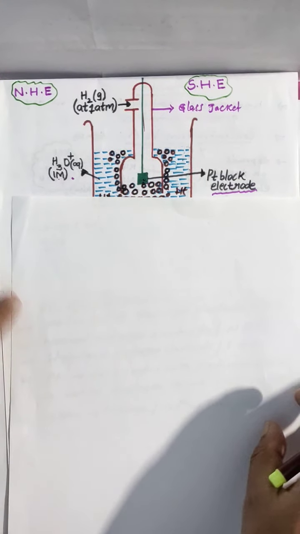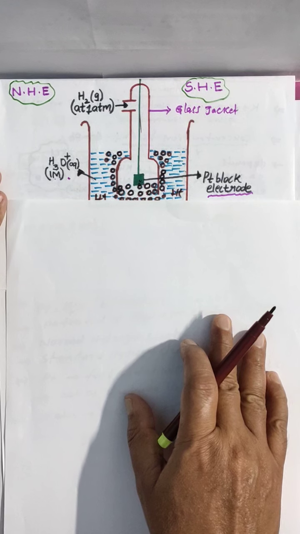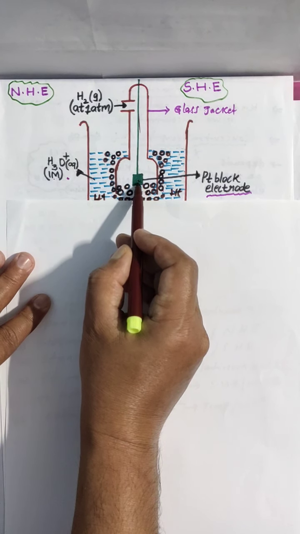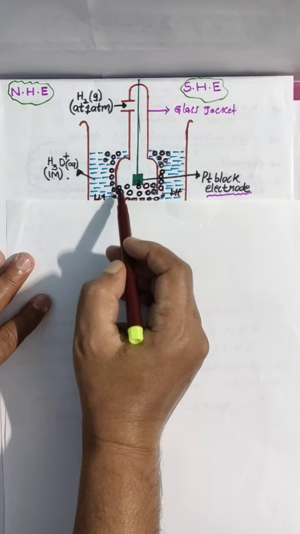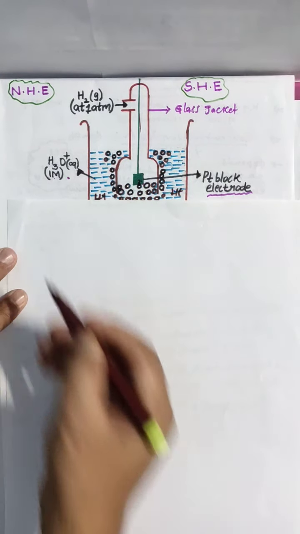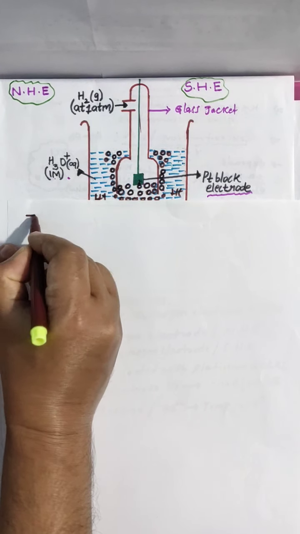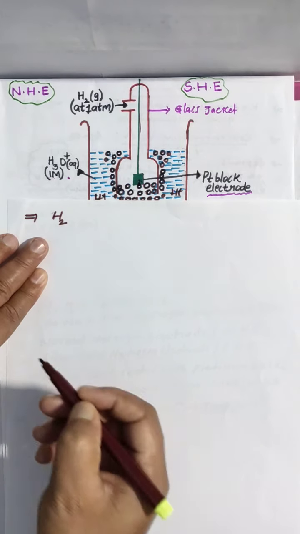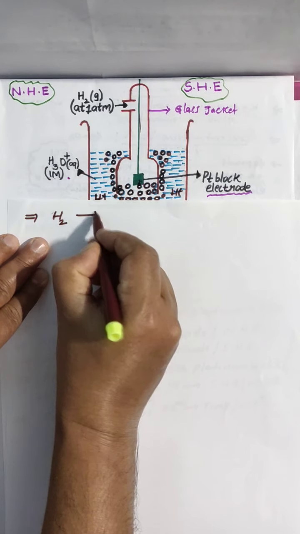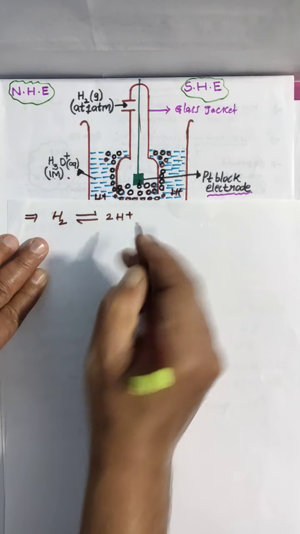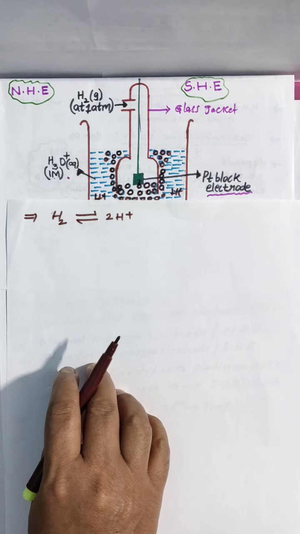What happens here? Look here. Hydrogen gas is absorbed by platinum foil and some amount of hydrogen gas is evolving. Means a reaction takes place between hydrogen and H plus ions at equilibrium.